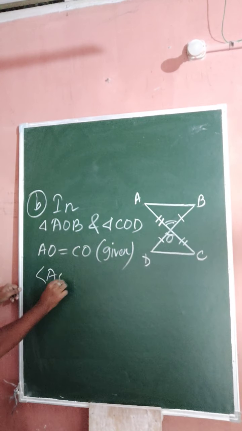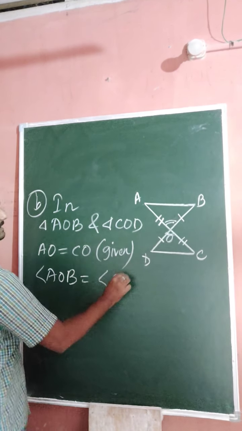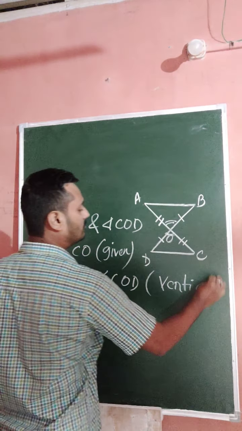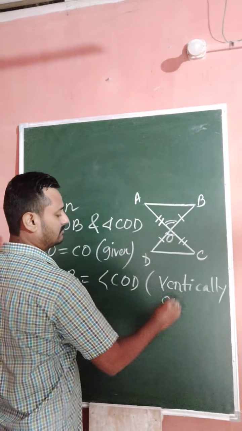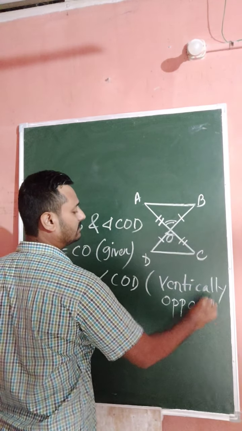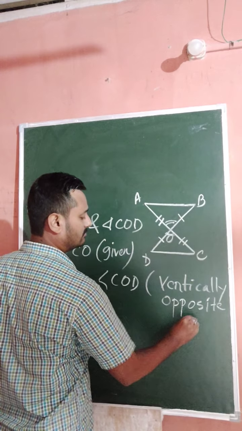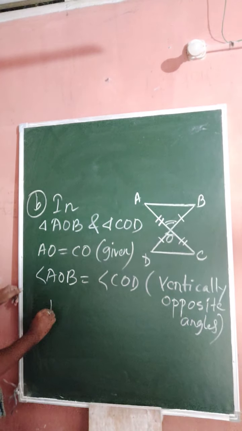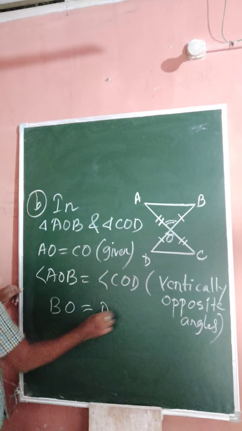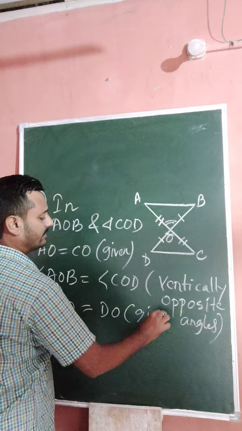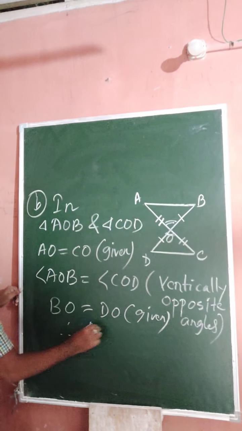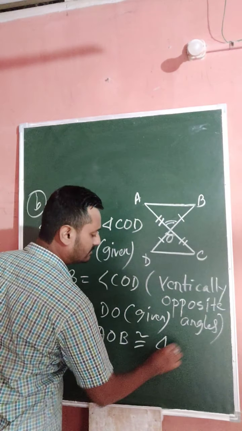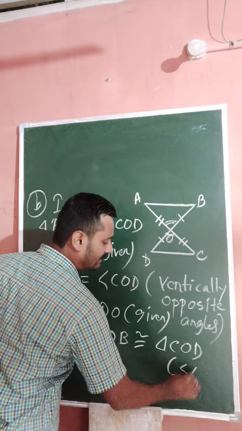Angle AOB is equal to angle COD, vertically opposite angles. And BO is equal to DO, which is also given. Therefore triangle AOB is congruent to triangle COD, which is SAS.